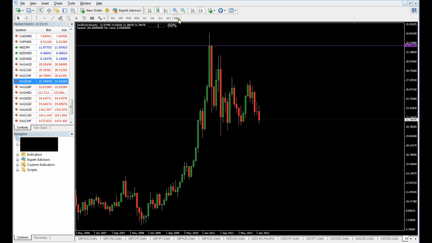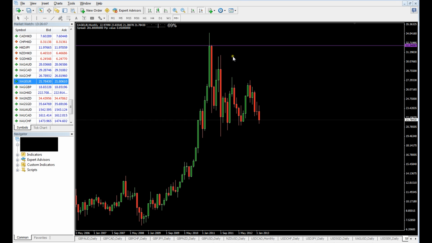We start from the monthly chart. I remind you that the FXGroup method is about trading on the daily candles, on the daily time frame, which means it is a longer-term swing trading method. It's not an intraday method.